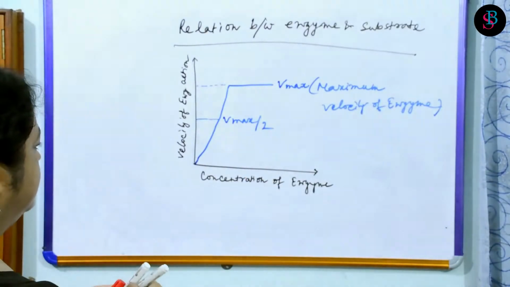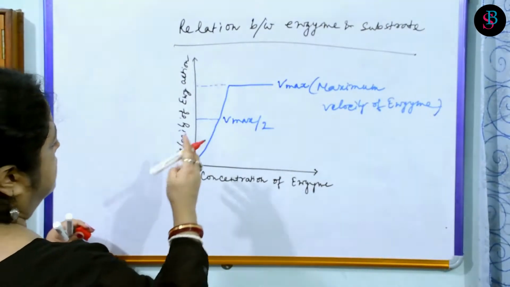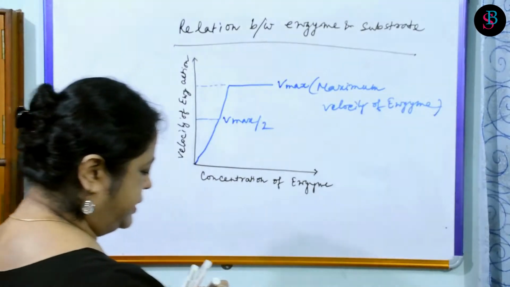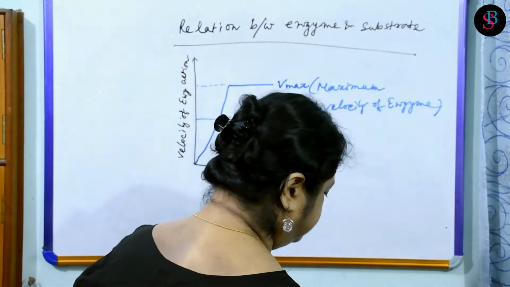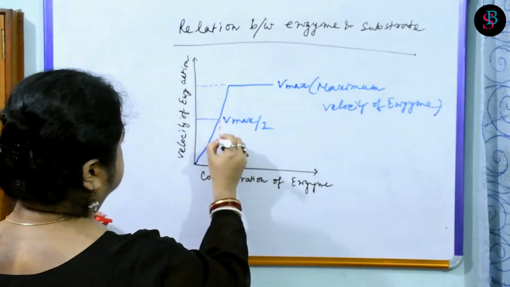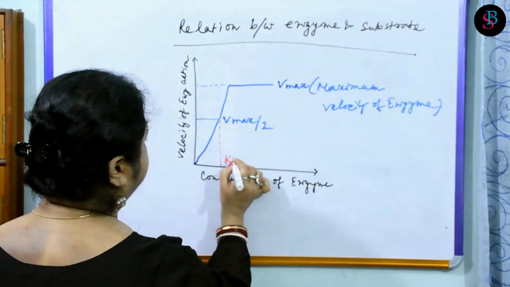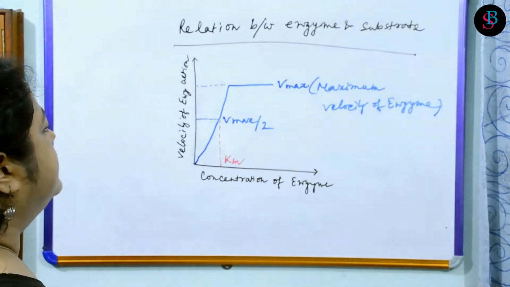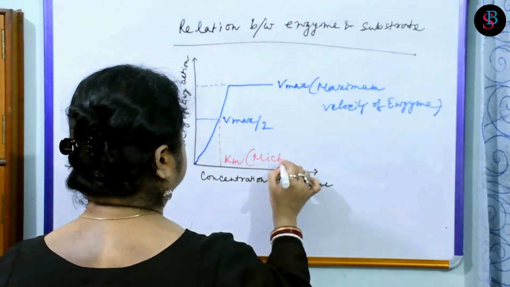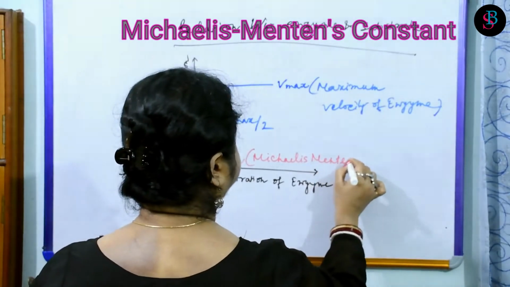At Vmax by 2, the concentration is this, and this is indicated as Km. What is Km? Km means Michaelis Menten constant.